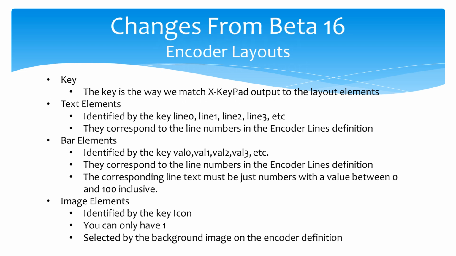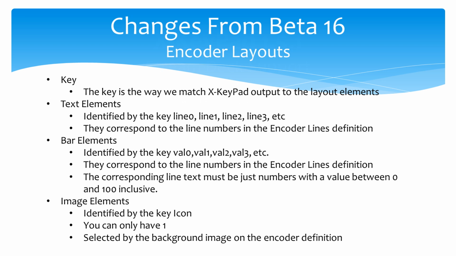The only difference is that X-KeyPad is going to look to see if the line only contains a number. If it does, and that number converts from text to an integer between 0 and 100 inclusive, then it will try to set the value to that identifier.